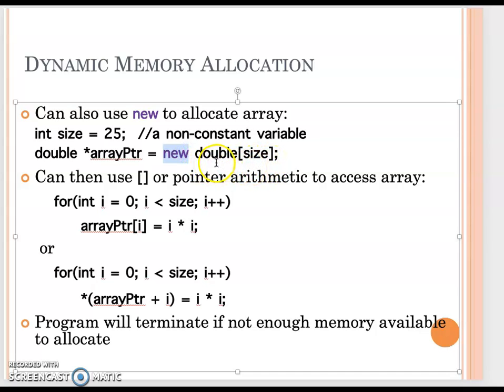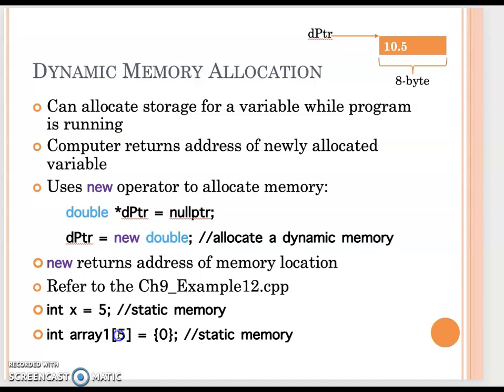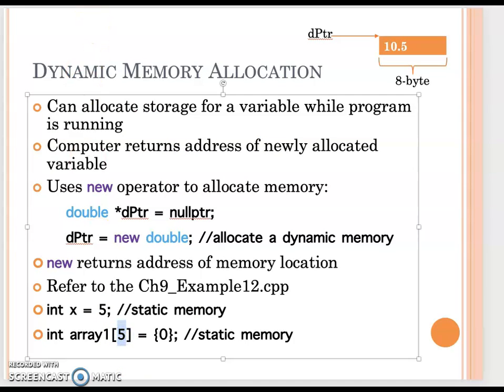For example, I want to create a double array. The good thing is when you're using the new keyword, before when we're using the static memory, your array size needed to be a constant number, an immediate value, or a constant variable.